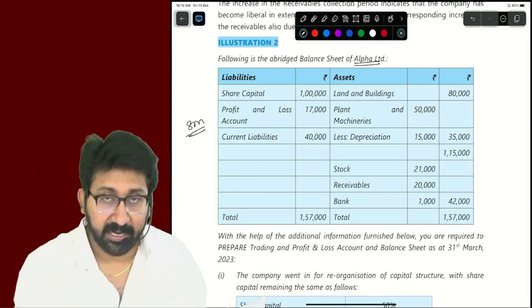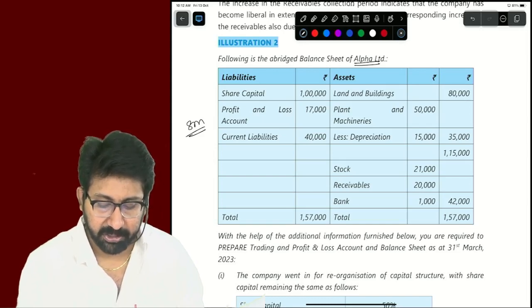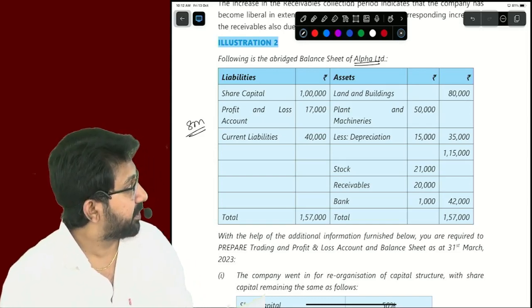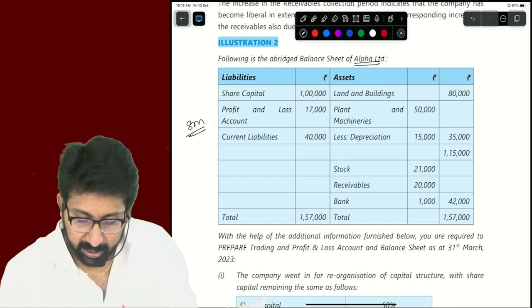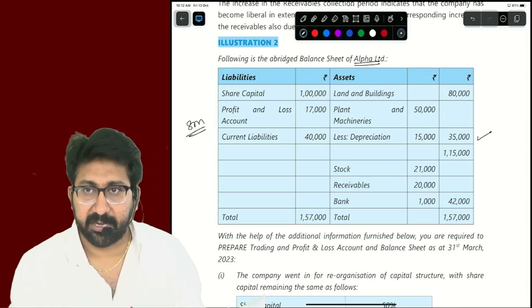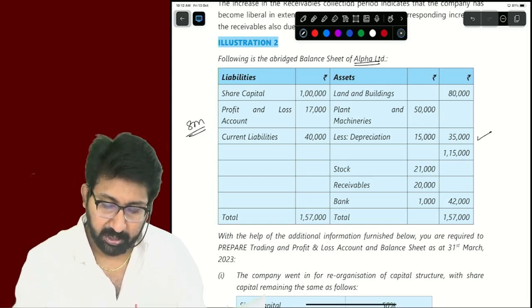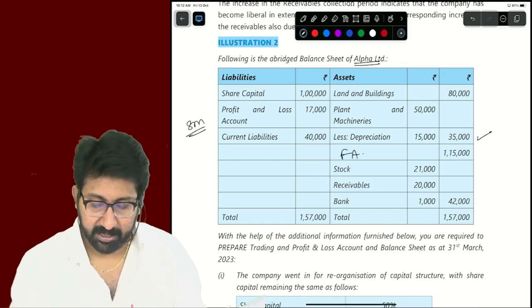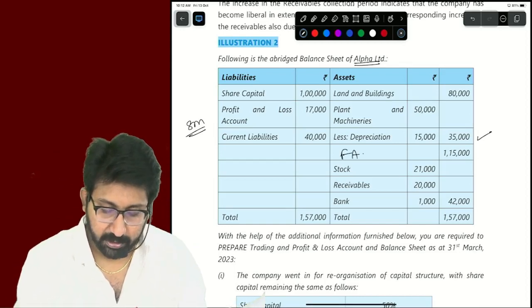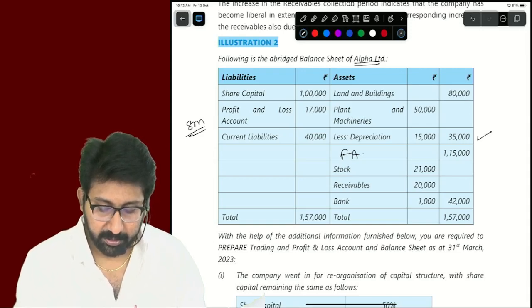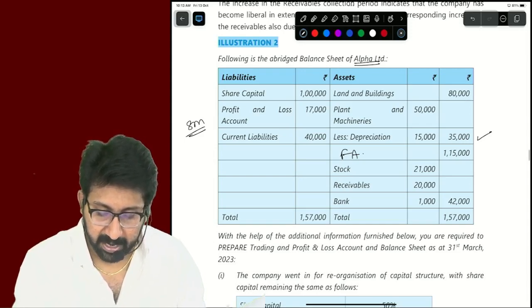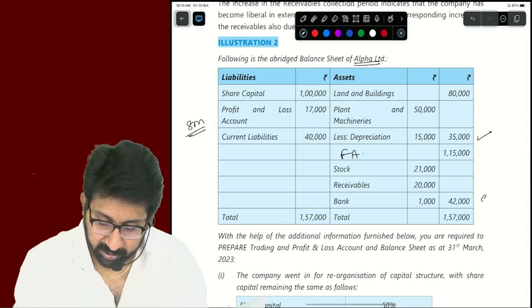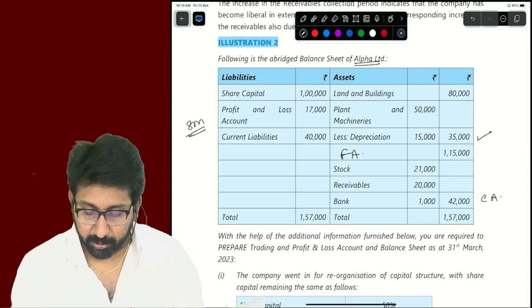Land and buildings are at 80,000, plant and machinery 50,000, depreciation 15,000, so net plant and machinery is 35,000. Fixed assets 1,15,000, stock 21,000, receivables 20,000, bank balance 1,000. Total current assets is 42,000.